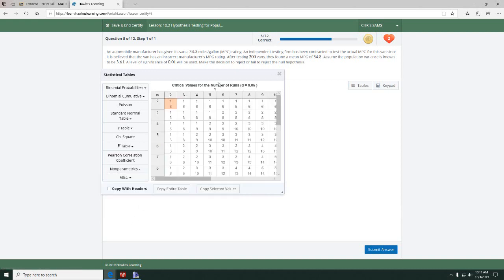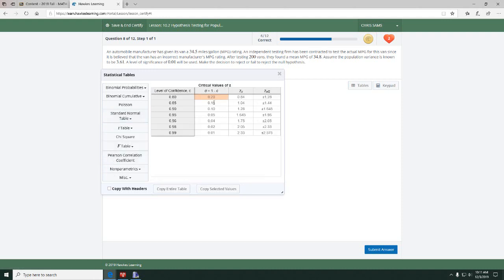That's not the one. Okay. Z-table critical. We want 1%. Here's the alpha 1%. And we want that in two tails. So negative and positive 2.575.